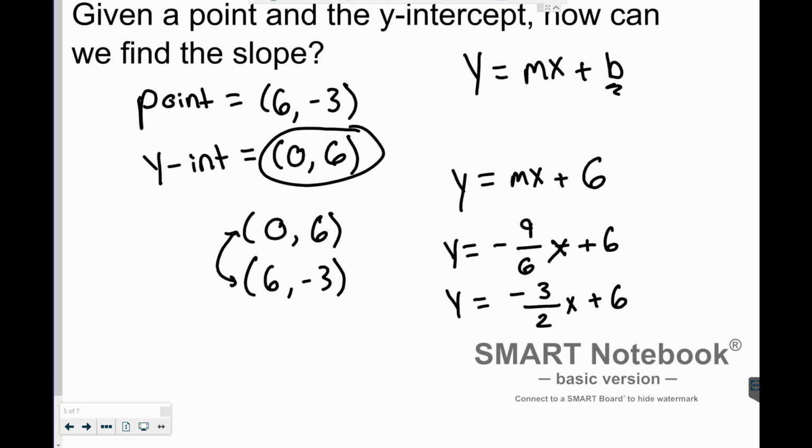You would get from 0 to 6 by saying plus 6. So our run would be 6. And how would we get from 6 to negative 3? Well, if you wanted to get from 6 to 0, it would be minus 6, but there's minus 3 more on top of that, so it's minus 9. And that's how we get that without worrying about drawing a graph.